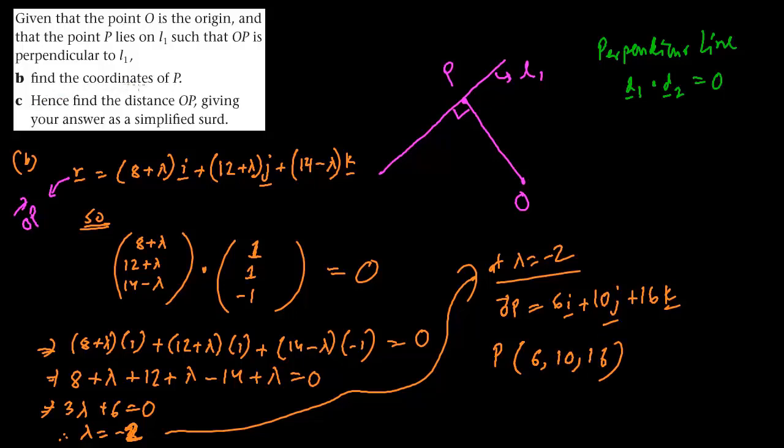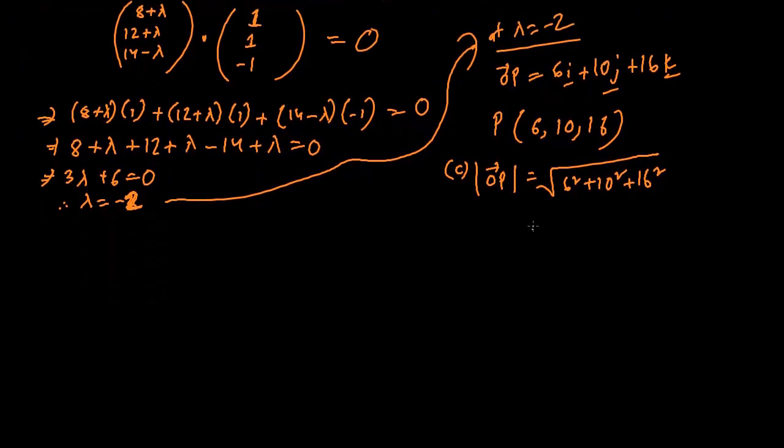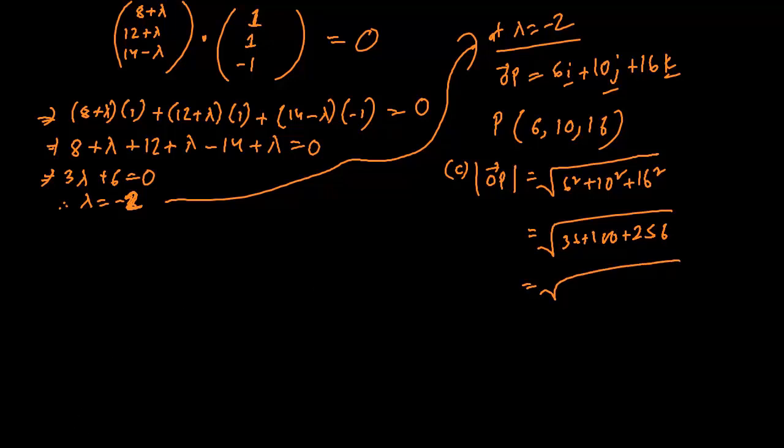Question number C is just find the length of OP. That means the modulus of the position vector. So OP modulus equals the square root of the coefficient of i squared, 6 squared, plus the coefficient of j squared, 10 squared, plus the coefficient of k squared, 16 squared, and it turns out to be the square root of 36 plus 100 plus 256.